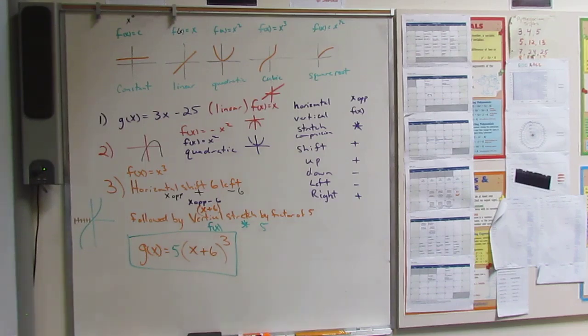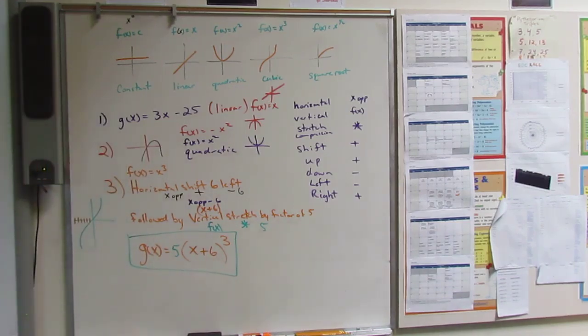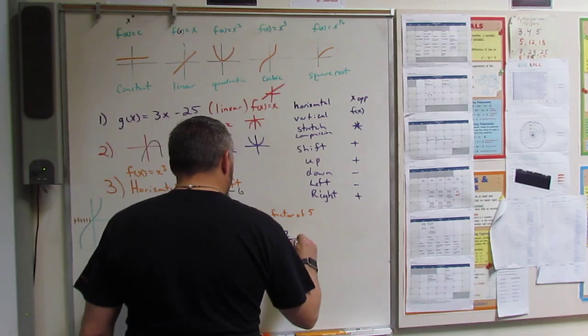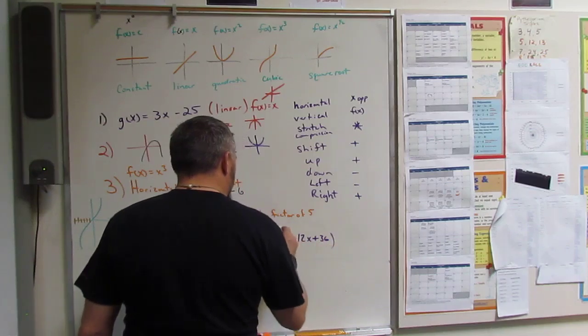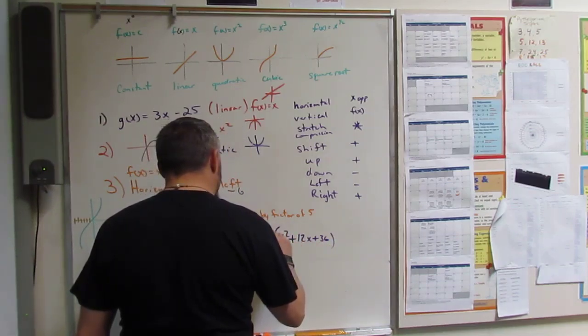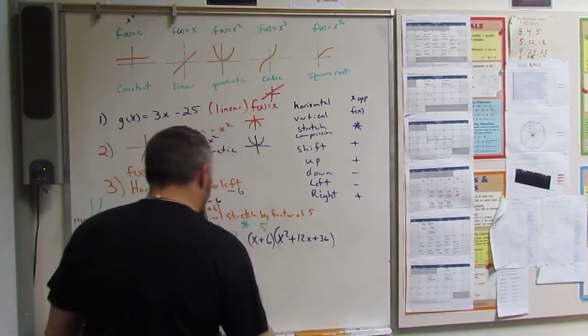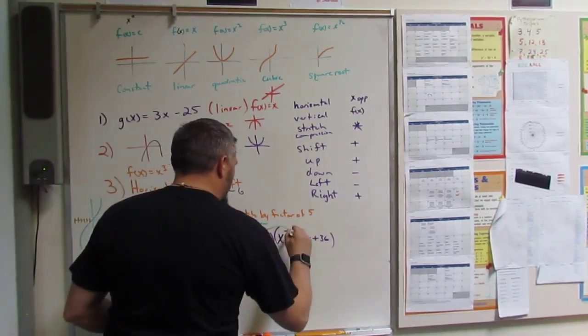Now, to actually write this, you would have to do this times this times this. If you do that and you do it correctly, I will give you extra credit. So what that means is you have x squared plus 12x plus 36, and then you have to multiply that by x plus 6. Then when you're all said and done, you'll multiply everything by 5. Remember, this is clamshell.